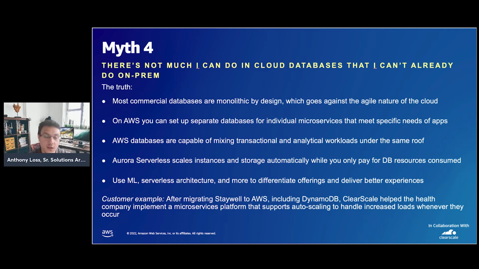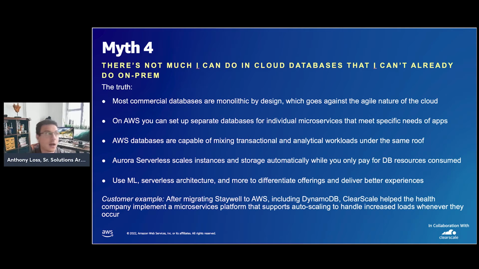Whereas in AWS, you can spin up databases fairly quickly and only pay for what you use. And so this, in correlation to modernizing the application, can enable you to do what you couldn't dream of on-prem. Modernizing the application is just as important as modernizing the actual backend stack of the database.